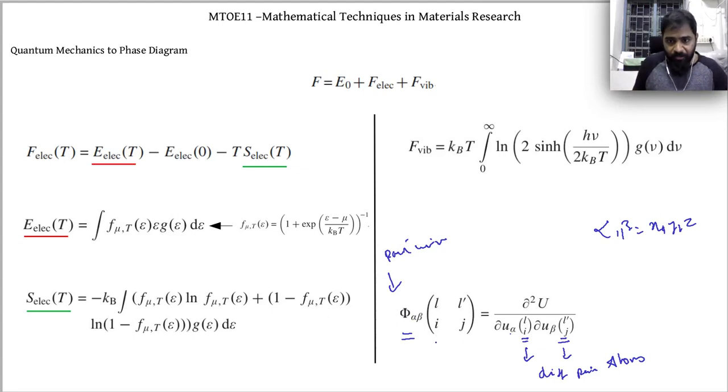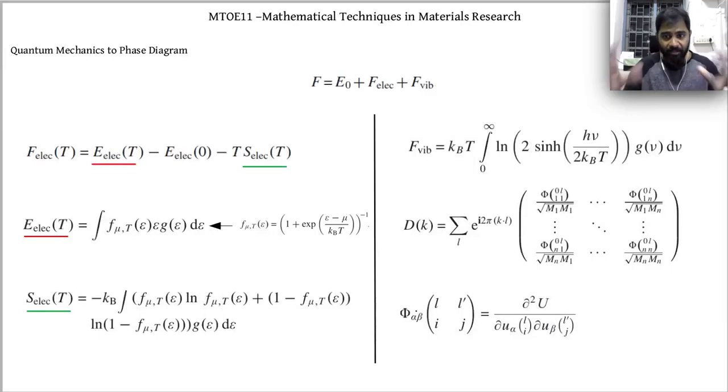I'm considering pairs of atoms I and J, and based on that pair, I'm calculating this force here. So if I want to include all the pairs of my n atoms that are present in my material, then what I ultimately end up having is a dynamic matrix like this.